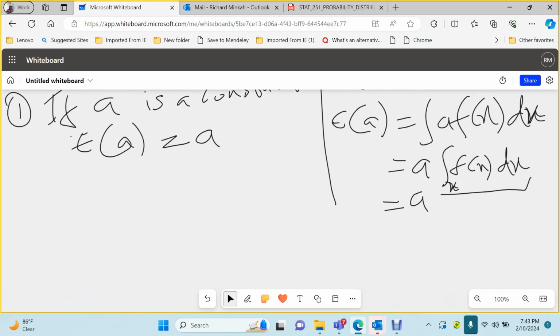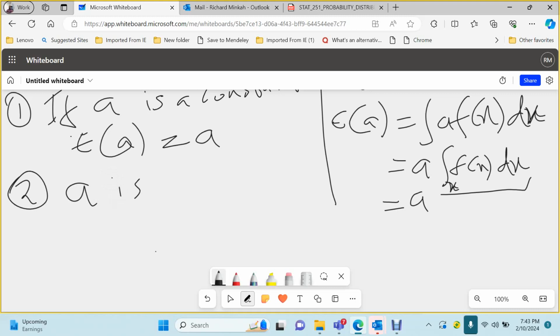So next, 2. A is a constant and X is a random variable.